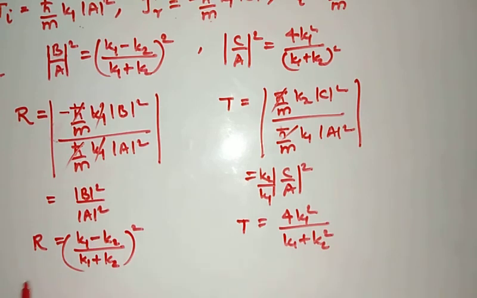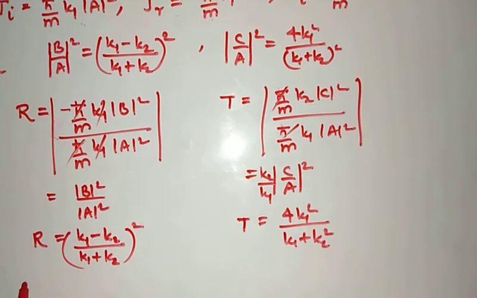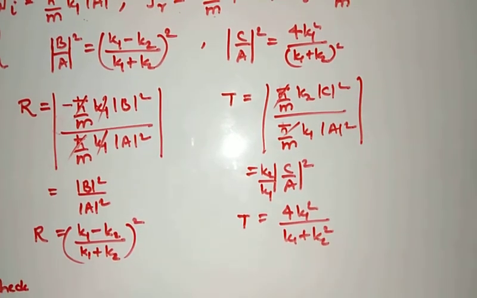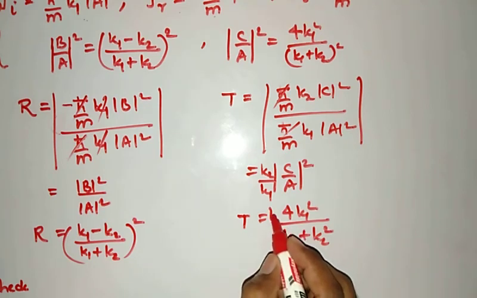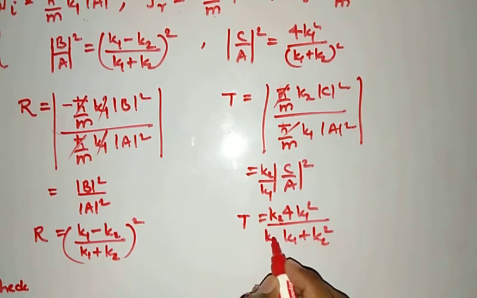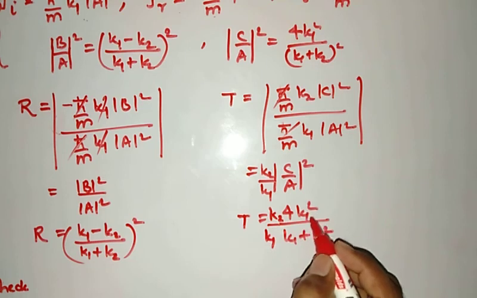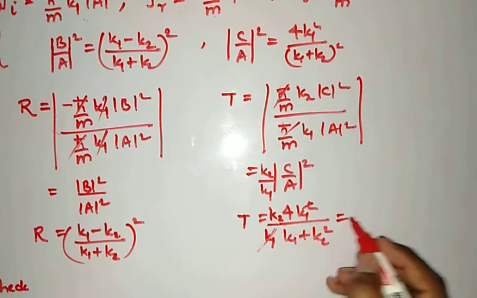So now let us check. For this, this is k2 by k1 also. I put k2 by k1, so k1 cancels out.